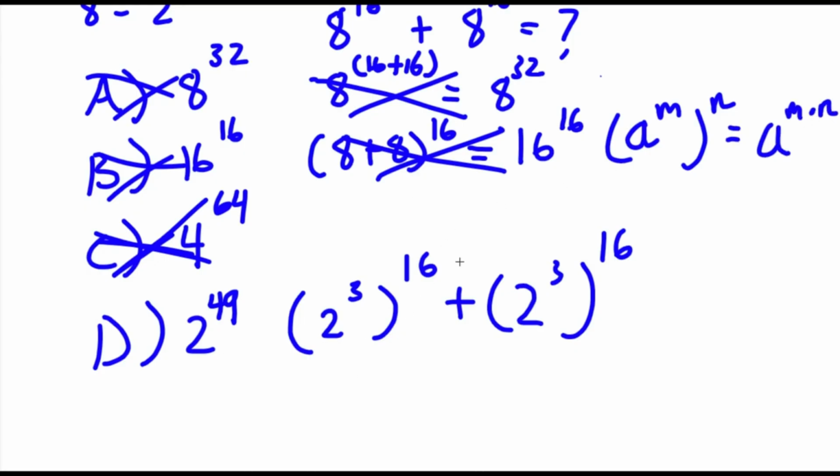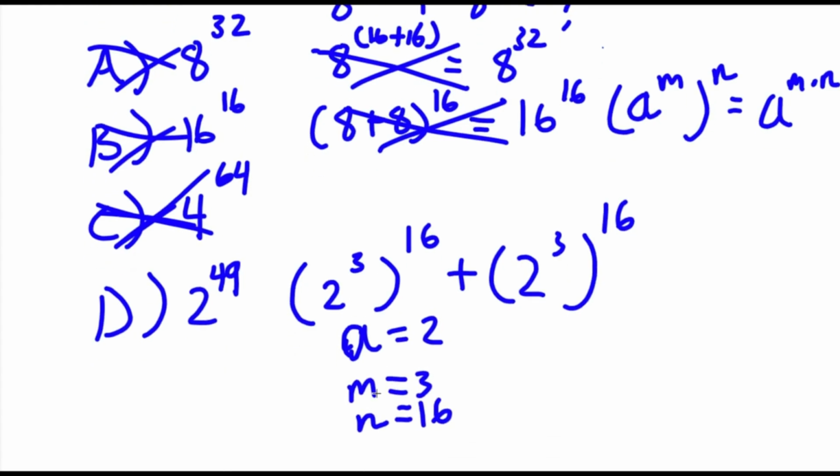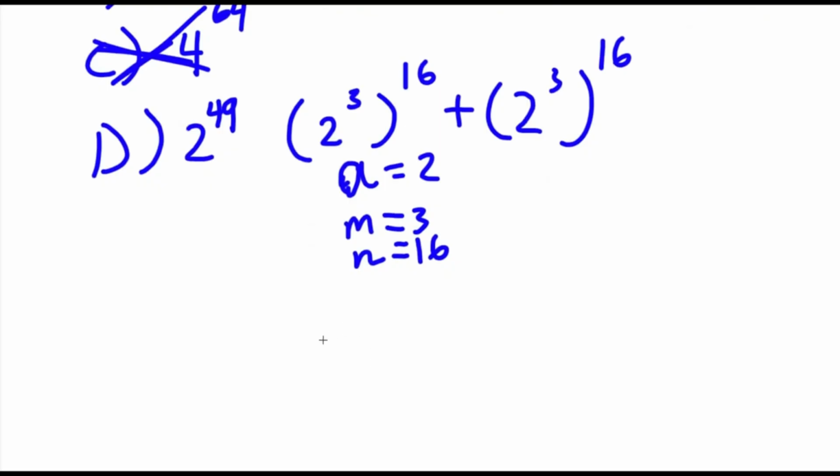So right here, we can think of a as 2, m as 3, and n as 16. So now I have 2 to the power of 3 times 16 plus 2 to the power of 3 times 16.